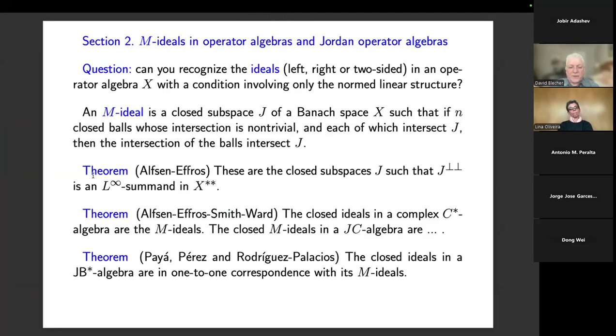In the middle of the page here, Alfsen and Effros showed that these spaces that have this ball property, this property of the intersection of the balls, are exactly the closed subspaces such that the second perp, the second annihilator, or if you like, the weak star closure in the bidual, is an L infinity summand in the sense of the previous slide.